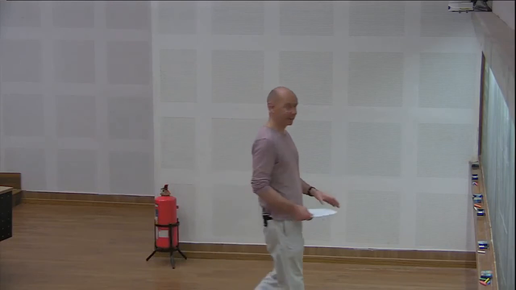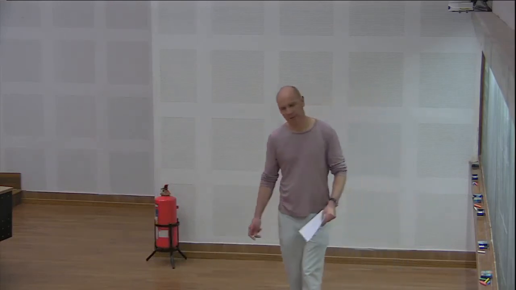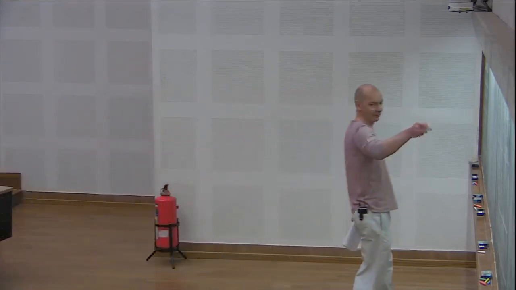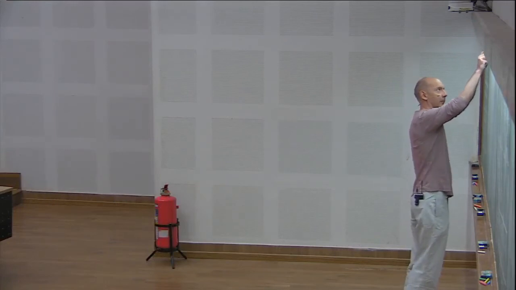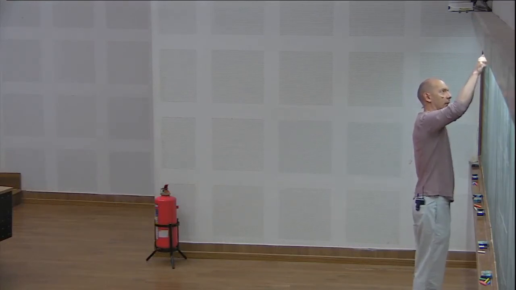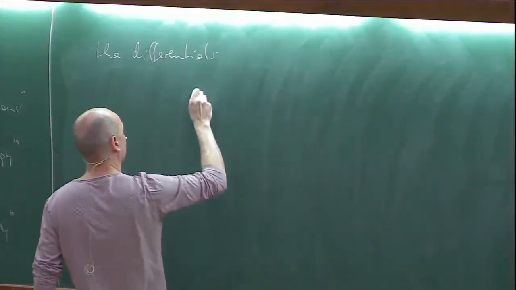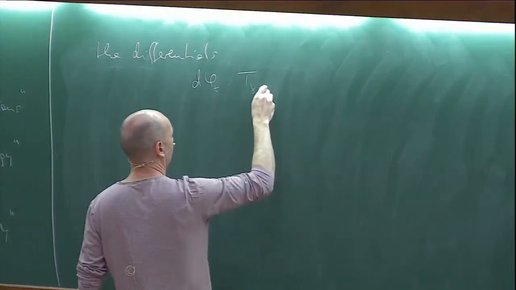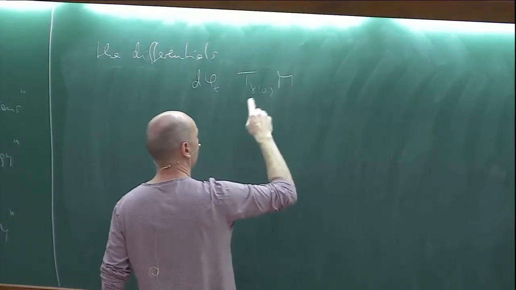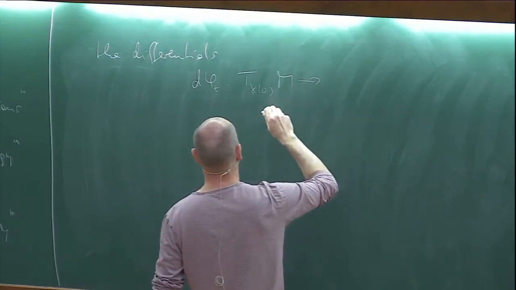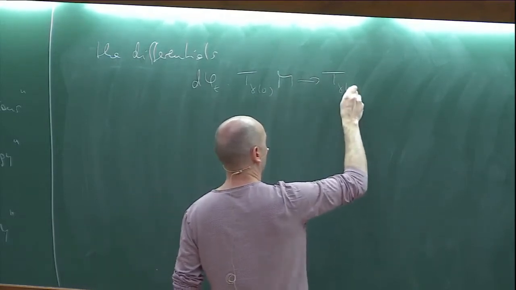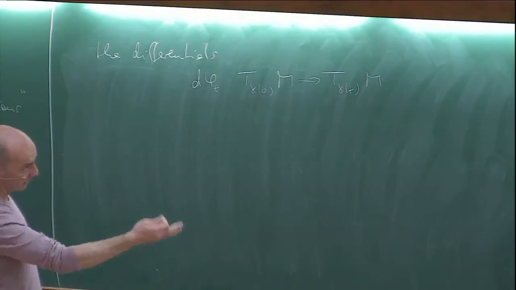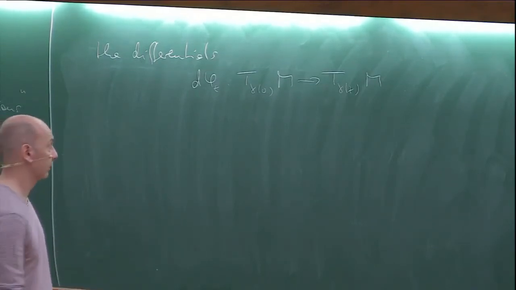And in that symplectic basis, because the flow preserves omega, the differentials d phi t, which I can think of as maps from the tangent space of gamma 0 to the tangent space at gamma of t, will now become symplectic matrices.